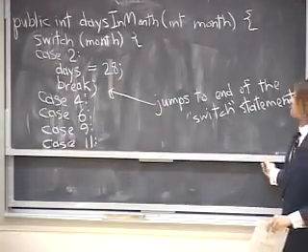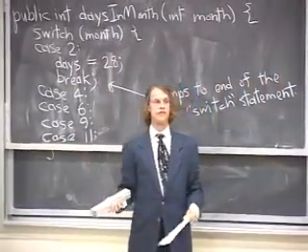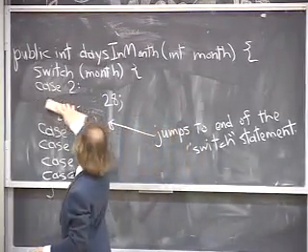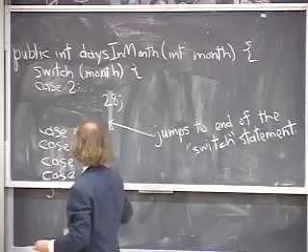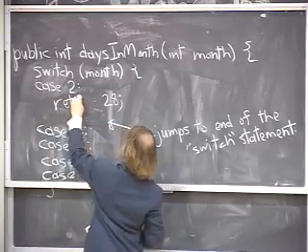So what I'm going to do now is, instead of assigning the number of days in the month to a variable called days, I'm just going to return it. So if it's February, I just return 28.